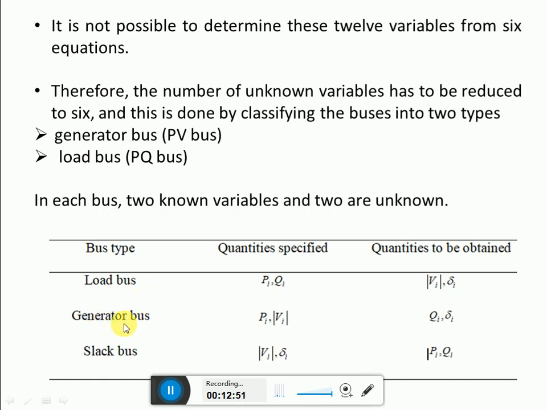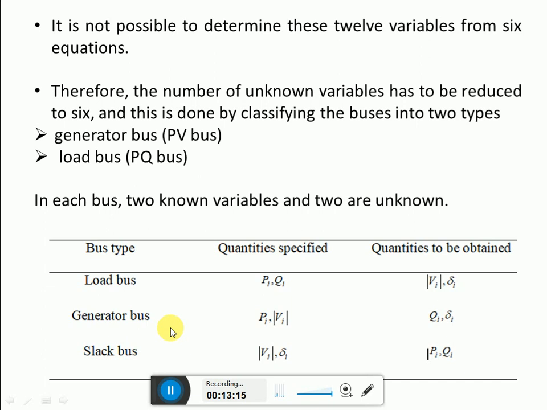And the generator bus, as I already mentioned, is the one where the generator is connected. So for that bus, P and V are known. Only 15% of buses are of this type. This bus is also called the voltage control bus. Why?